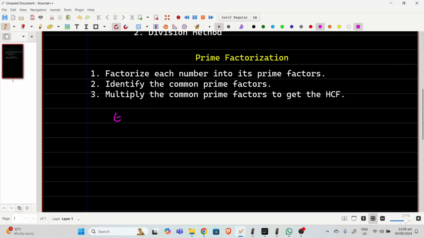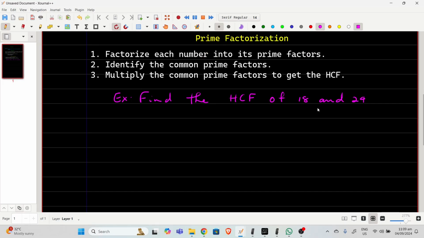So let's say, for example, we're required to find the HCF of 18 and 24. The first thing we do is we write out the prime factors of each. So we do the prime factorization first. We start with 18, and the prime factors of 18 are as follows.